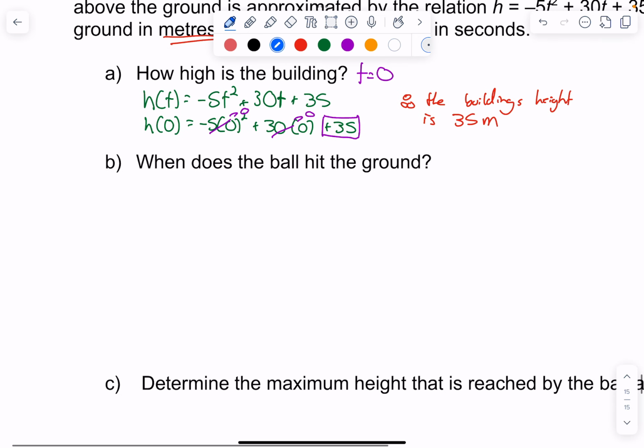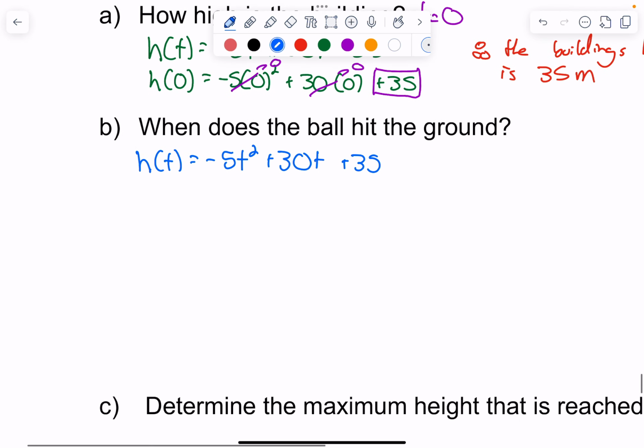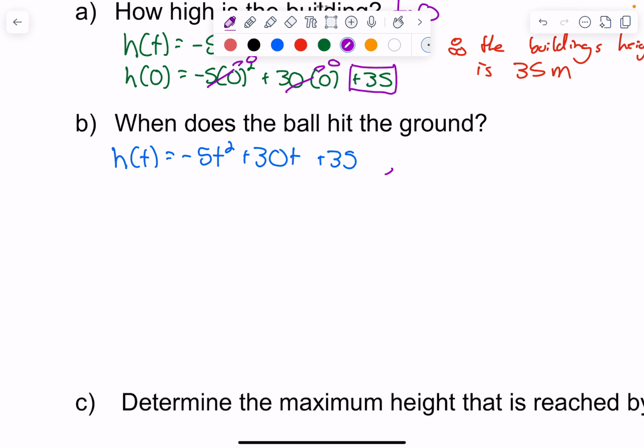So if h of t is equal to minus 5t squared plus 30t plus 35, we are looking for the value when h of t equals 0. This represents the ground. Height is 0. So it's 0 equals minus 5t squared plus 30t plus 35.